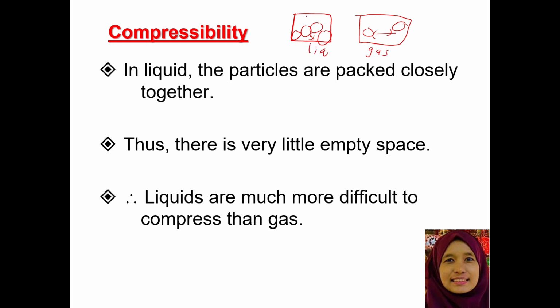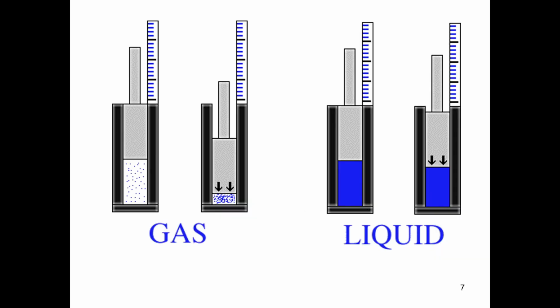So if we compress this liquid molecule, we need more energy compared to gas molecule. So we say that liquid is much more difficult to compress compared to gas. Okay, for example, this illustration, we have gas. Okay, easy to compress because of the presence of space between each molecule compared to liquid.